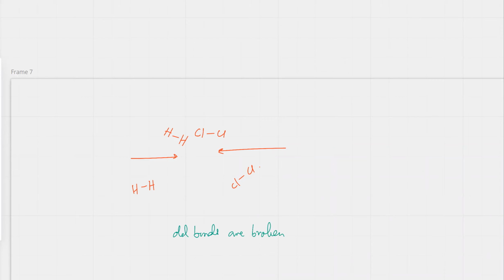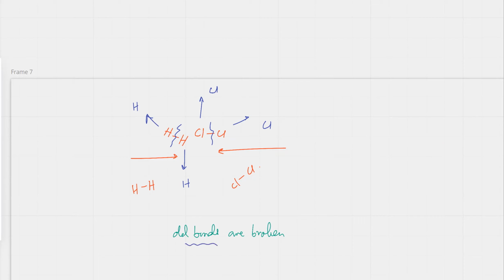Every time two things collide, something breaks. When molecules collide, the old bonds must break. So during collisions, the Cl2 and the hydrogen molecules all kind of break, and the old bonds are broken.